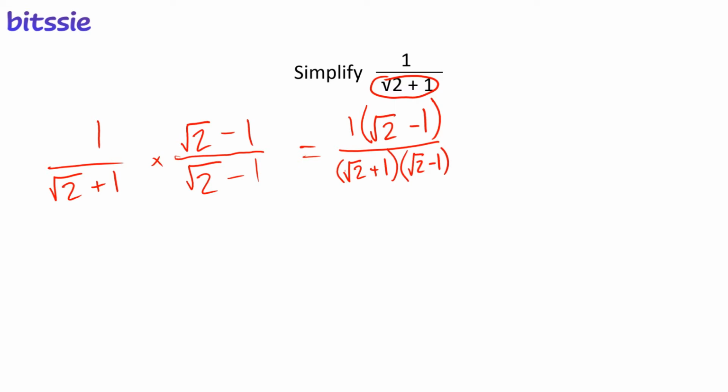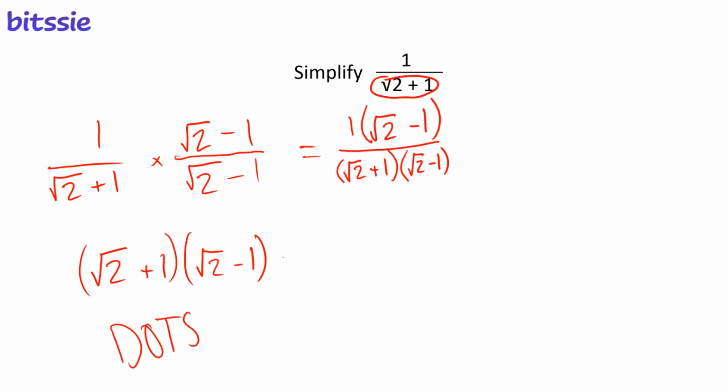You may have noticed this, and that is that root 2 plus 1 times root 2 minus 1 is actually a difference of 2 squares. So it can be simplified down to root 2 times root 2 plus 1 times minus 1.